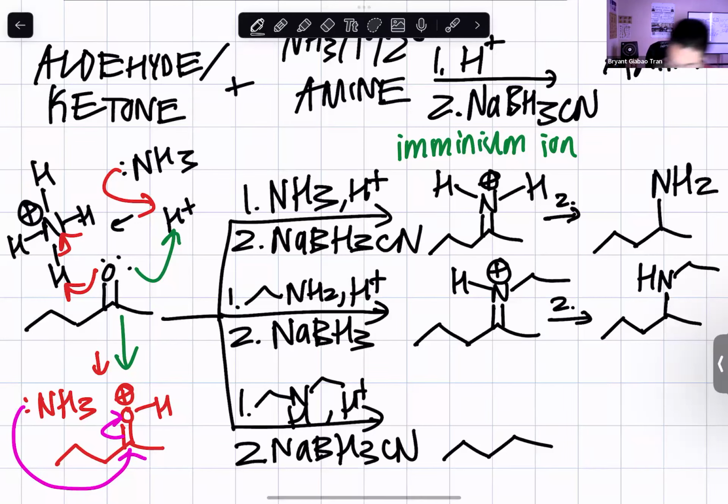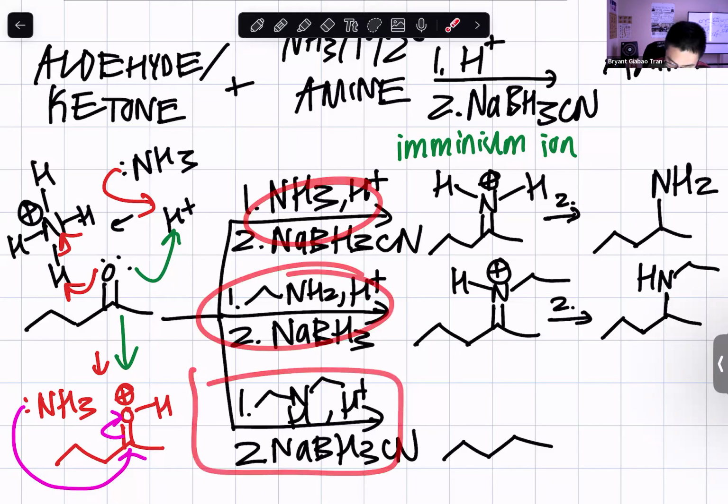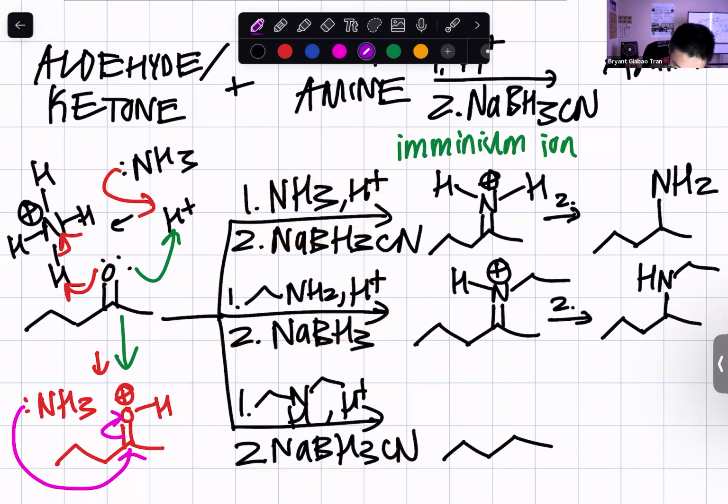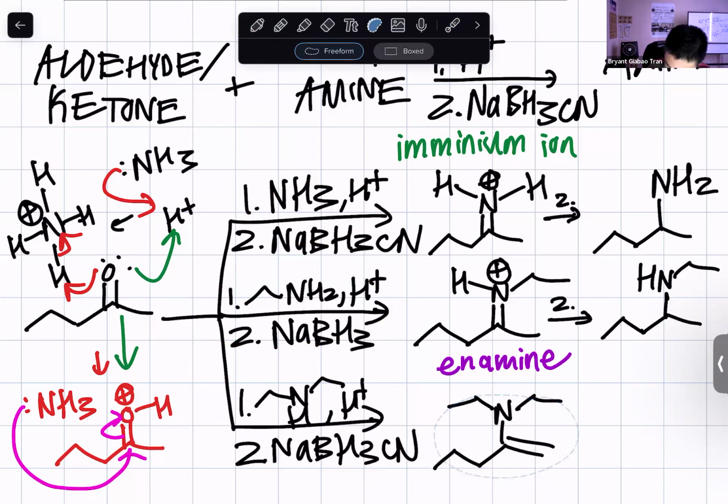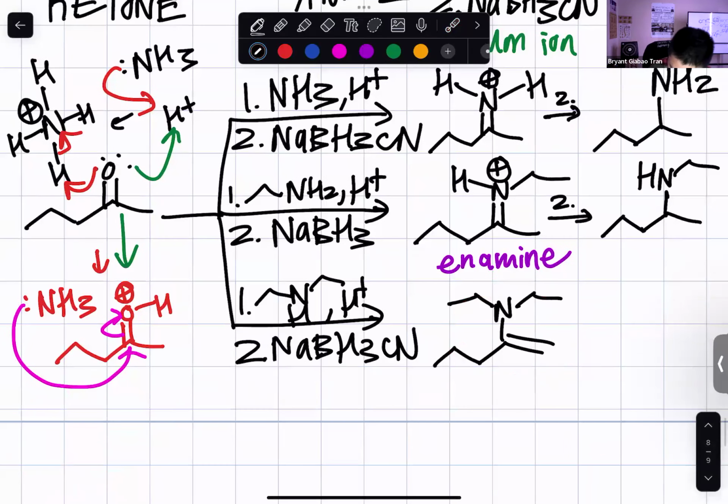The difference between ammonia, a primary amine, and a secondary amine is that a secondary amine is not going to create an iminium ion. It's going to create an enamine. Well, actually, because we're in acidic conditions, you can work with either the enamine or its iminium ion form.